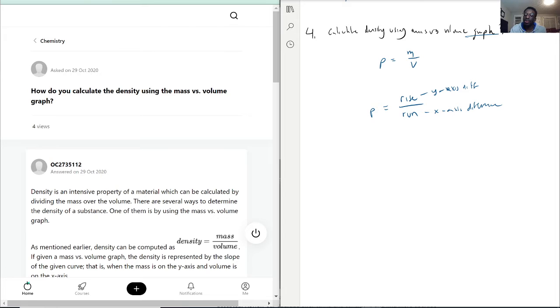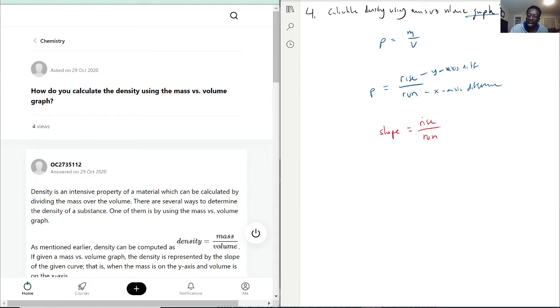And remember, when we're doing the rise over run, another thing that this solves for would be the slope, M. So I'm going to write down slope because we already have a mass up there, but slope is equal to rise over run. So if we were to graph this, we want the mass to be the rise and the volume to be the run. So if we had a drawing like this, and we had the line like that, this would be mass, this would be volume.